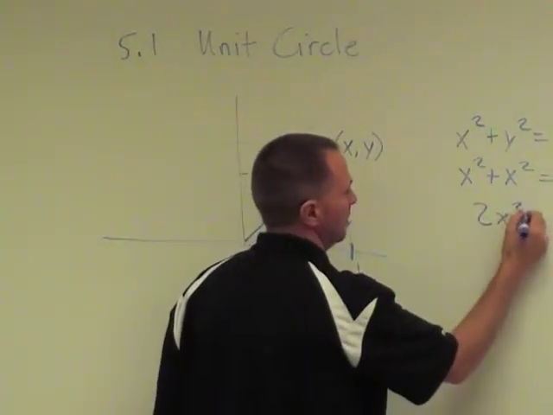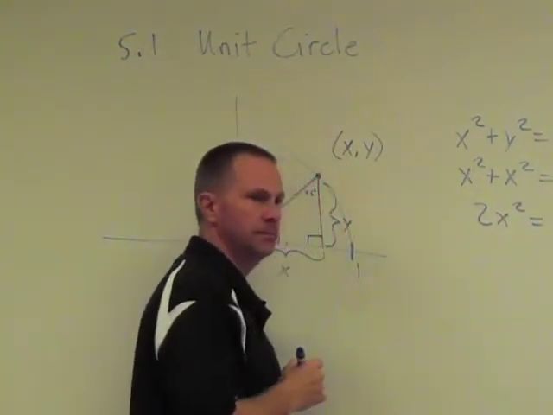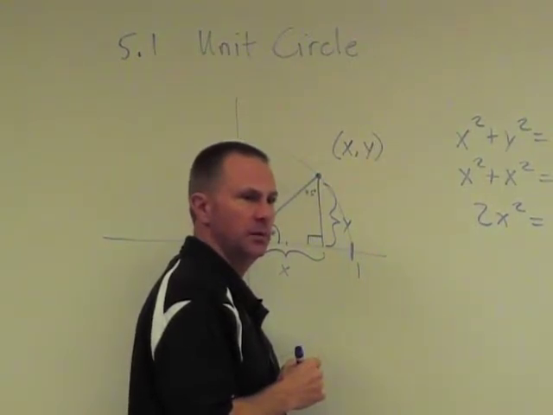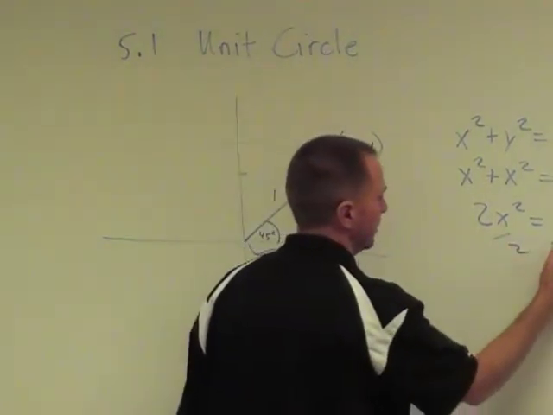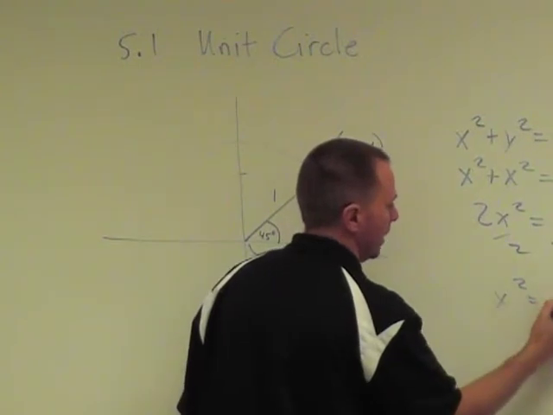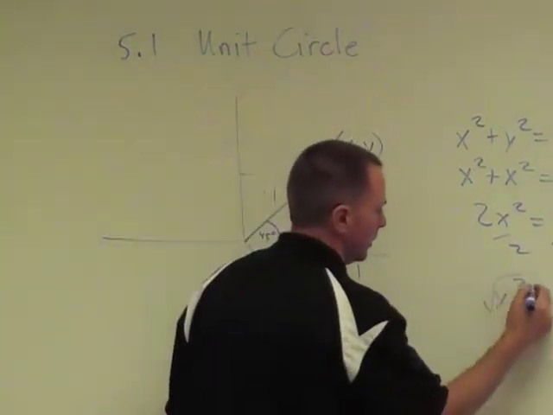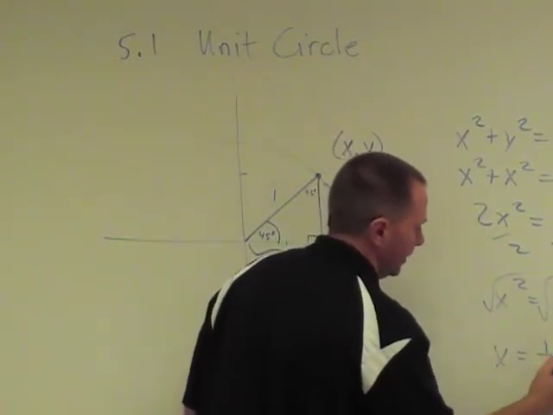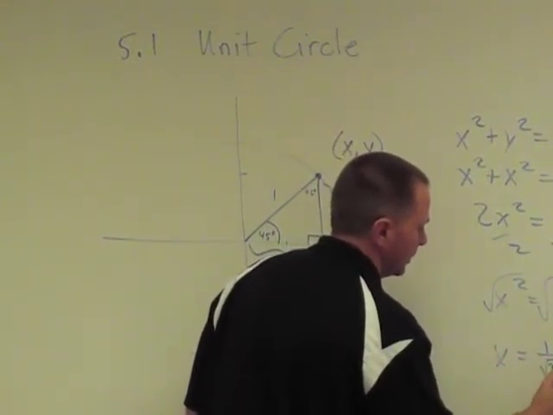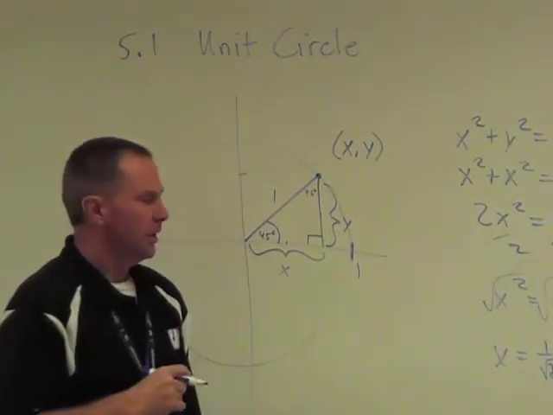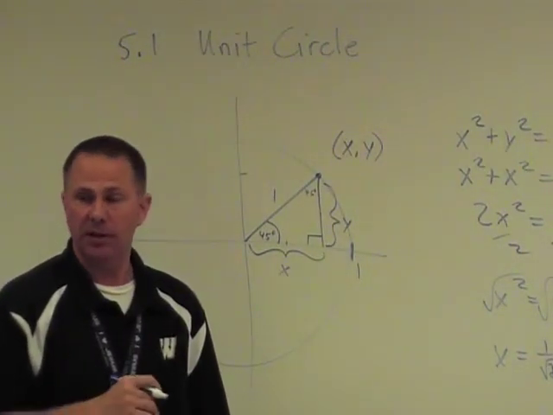This is 2x squared equals 1. What do I do? Divide by 2. x squared equals 1/2. Take the square root. Sometimes in your book they leave it as 1 over the square root of 2. Square root of 1 is just 1. But most of the time in the book they want you to rationalize the denominator.